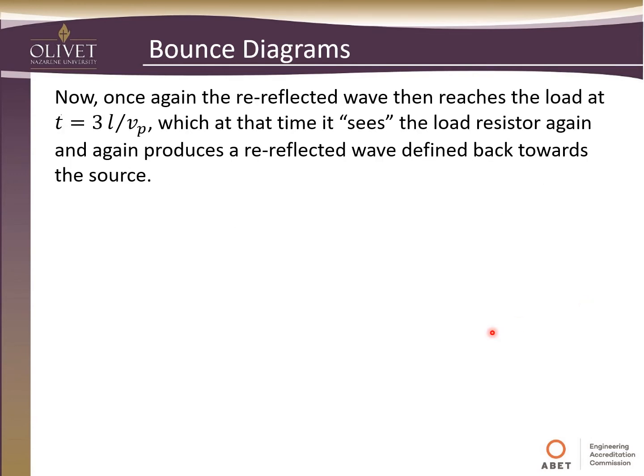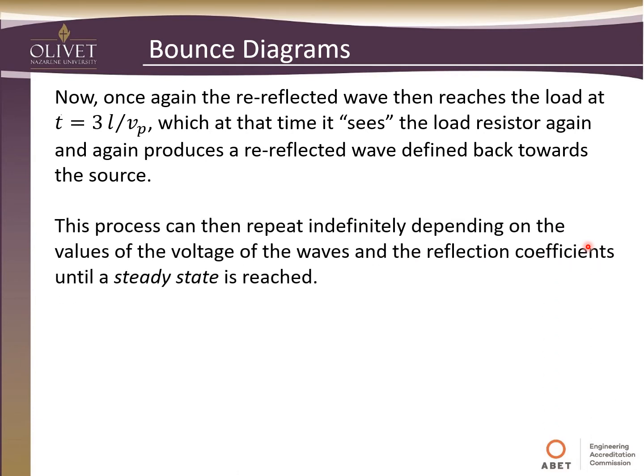As you can imagine, once again, this re-reflected wave, V minus plus, will travel down the line, and after 3 times our time constant, which is 3L over phase velocity, guess what? This re-reflected wave sees the load resistor again, and again produces another re-reflected wave back towards the source.